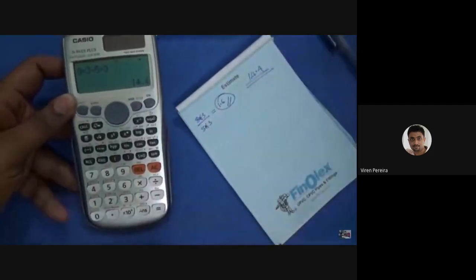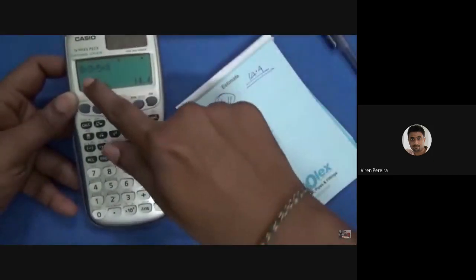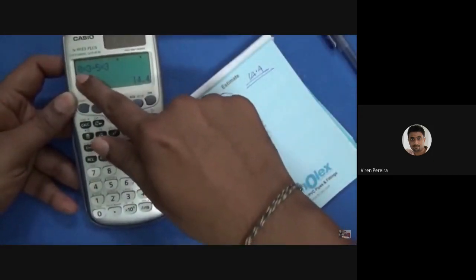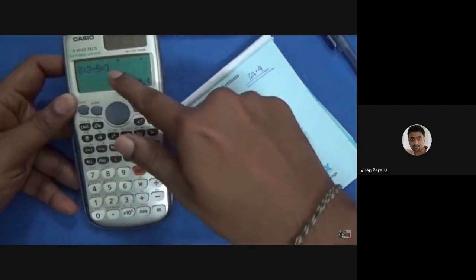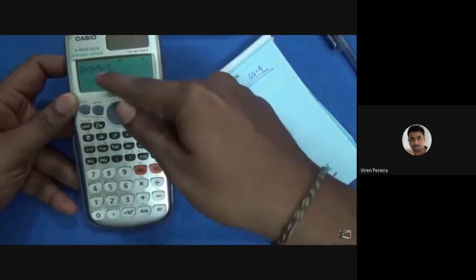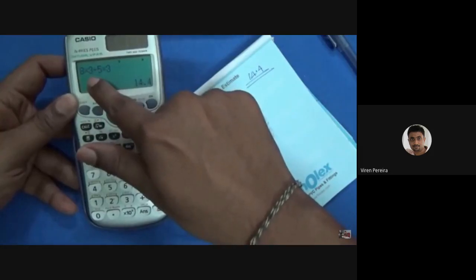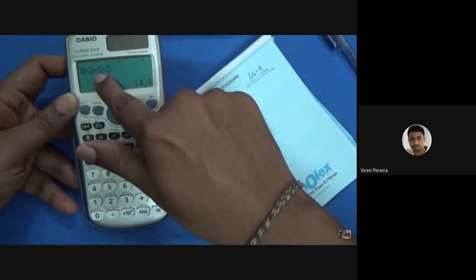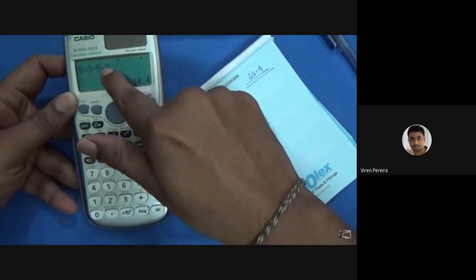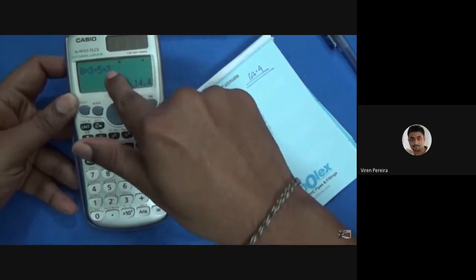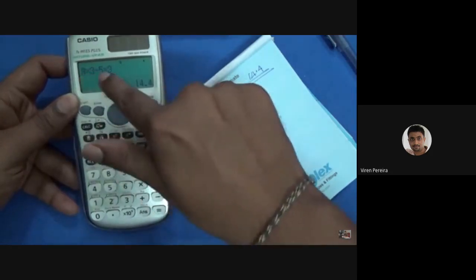Now why does this come? The reason is the calculator substitutes the terms which come first. When I input this value, the calculator will think it is 8 into 3, then divided by 5, the whole term, into 3. So it takes first come, first serve.